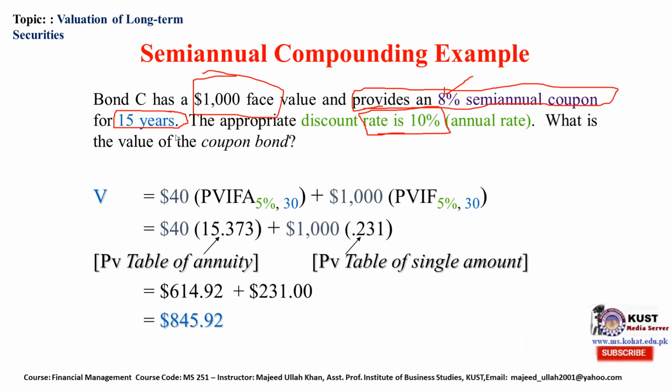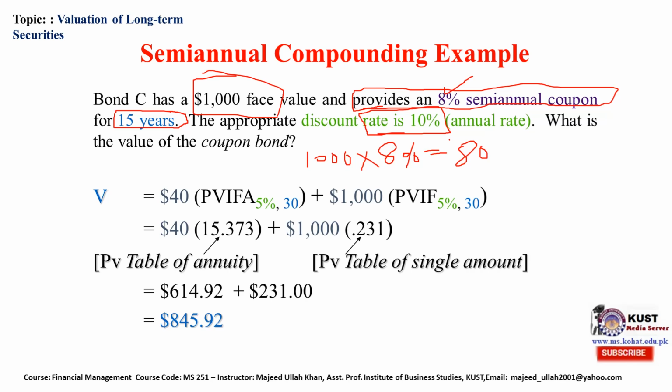What is the value of the coupon bond? First of all, we will calculate our interest. The interest is 1,000 multiplied by 8%, which is equal to 80.